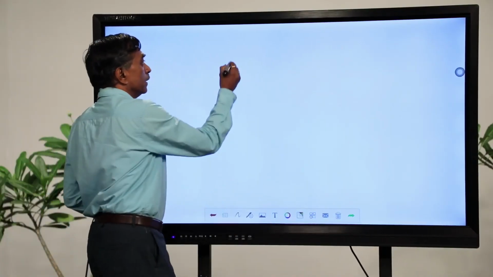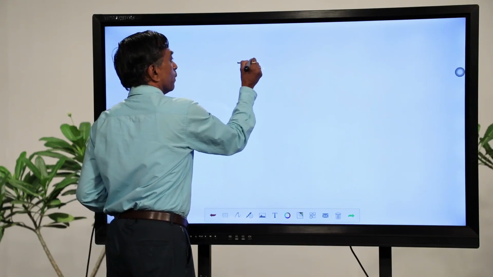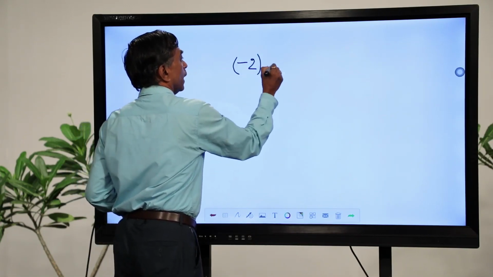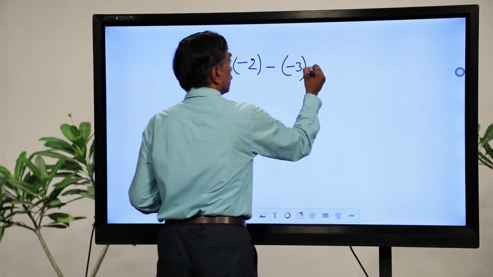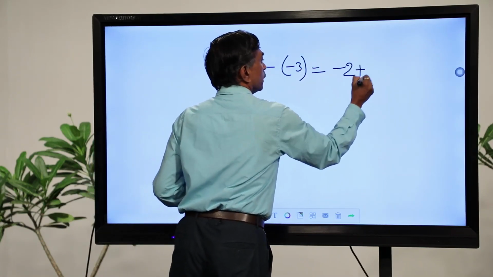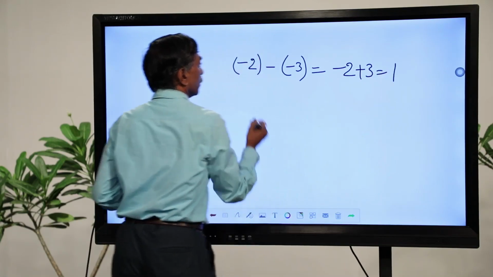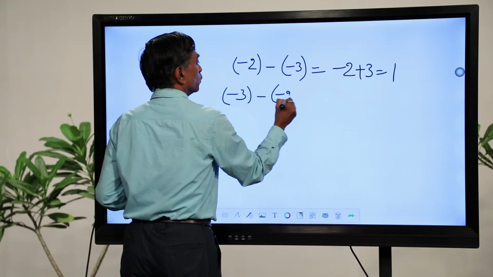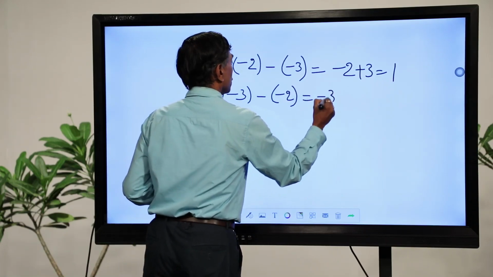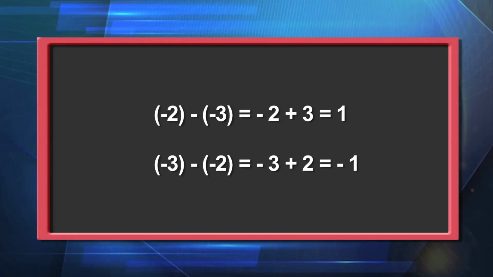For example, if I take here integers minus 2 minus of minus 3, what do you get here? Minus 2 plus 3, and that is nothing but 1. But if I take here minus 3 minus of minus 2, what do you get here? Minus 3 plus 2, and this is nothing but minus 1.